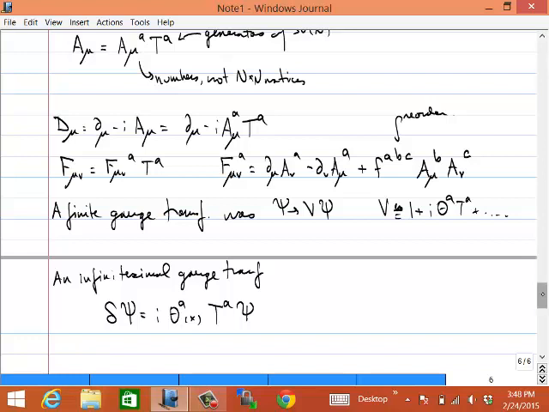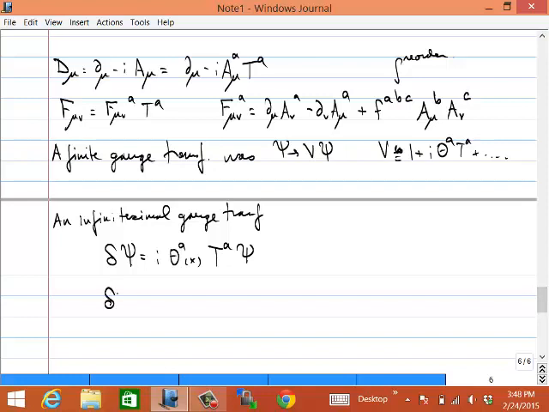And likewise, the variation of our gauge field. Let me just remind you what that was. Under a gauge transformation, A mu went to V A mu V dagger minus i times d mu V V dagger.